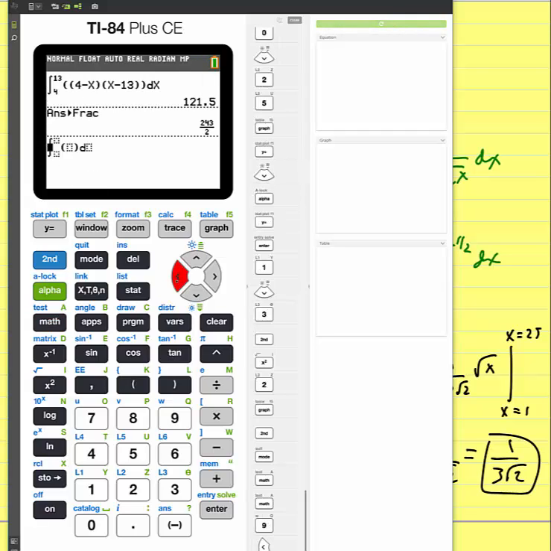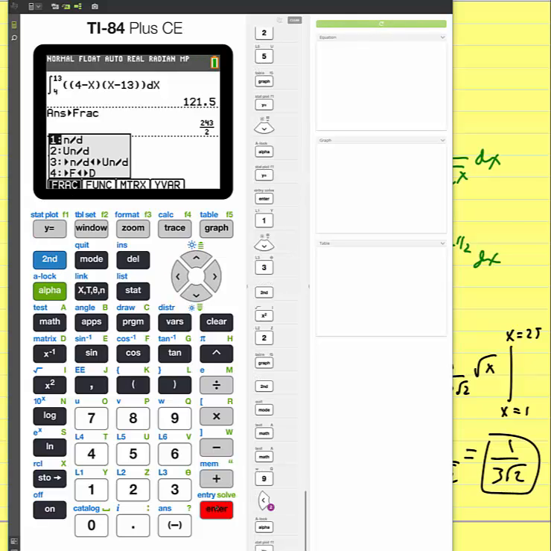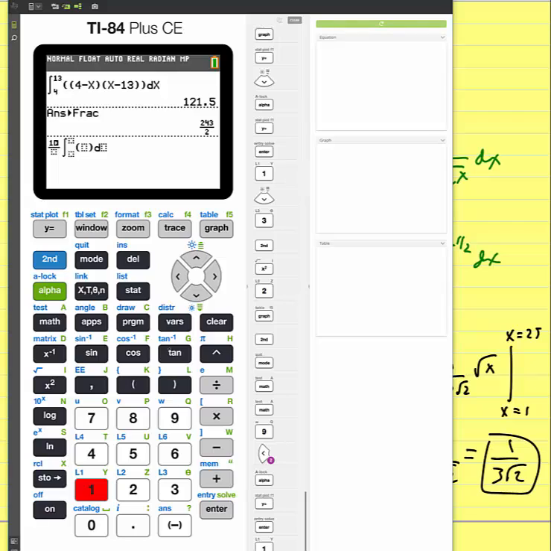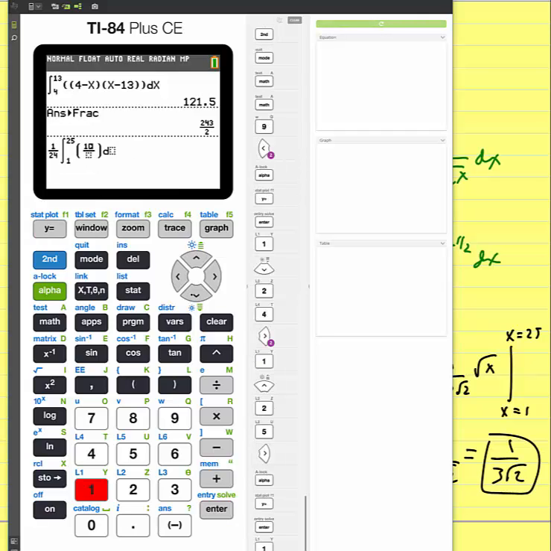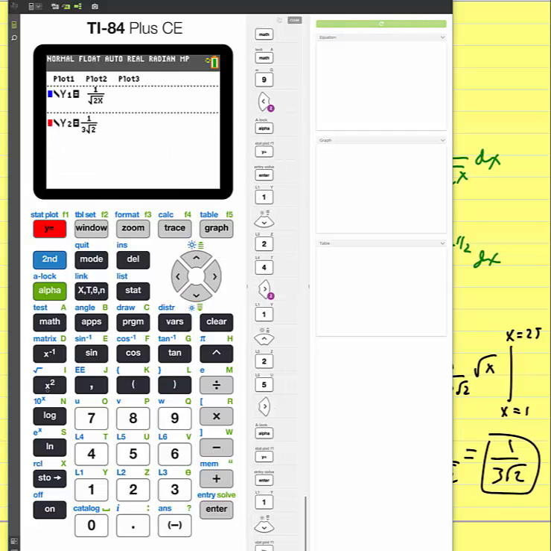But out front of that, I want to put in 1 over 24 out front. And I'm going to integrate this from 1 to 25, because remember the 1 over 24 came from 1 over 25 minus 1, and this would be 1 over root 2x.